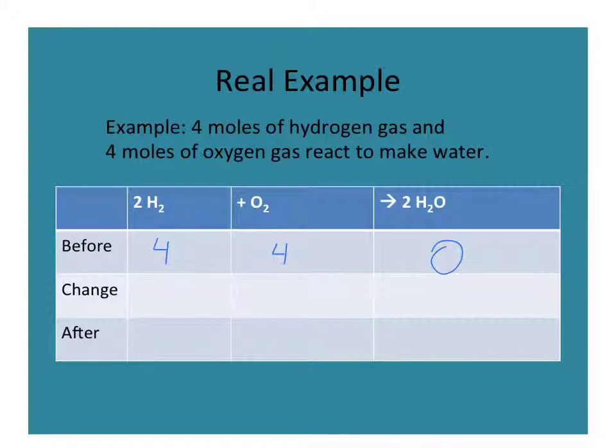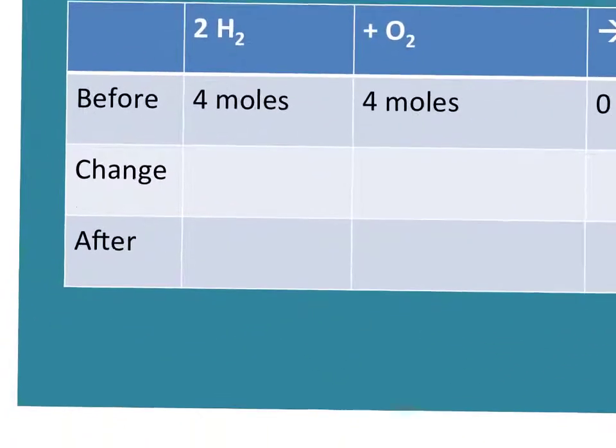Now, we need to decide how much of these we are going to use. So to do the change row, we need to say, are we going to use up all 4 of our hydrogen or all 4 of our oxygen? And that's where we do the proportions again.